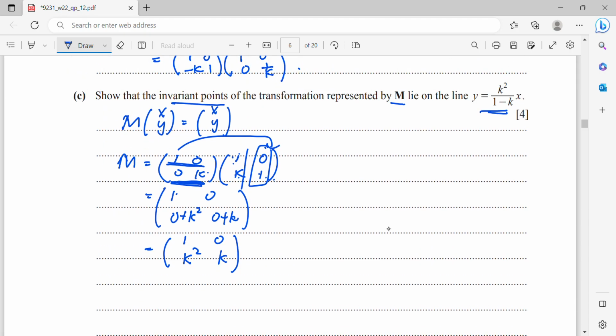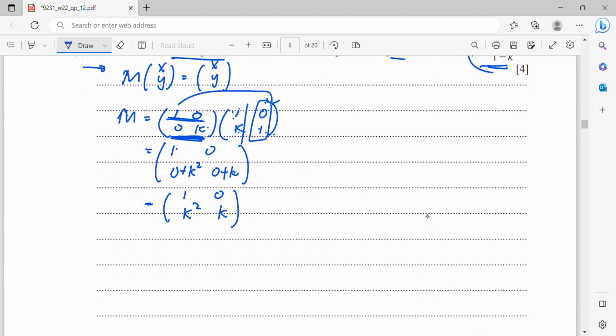And now we need to show that the invariant point lies on this line. So once you have found M, substitute into this equation. M times (x, y): [1 0; k squared k] times (x, y) equals (x, y).